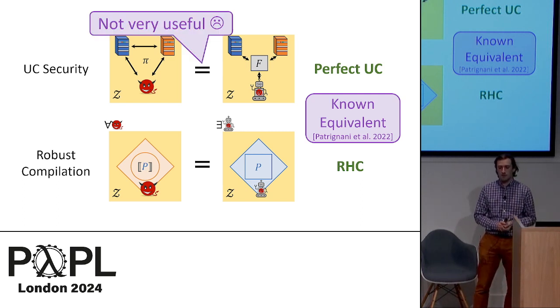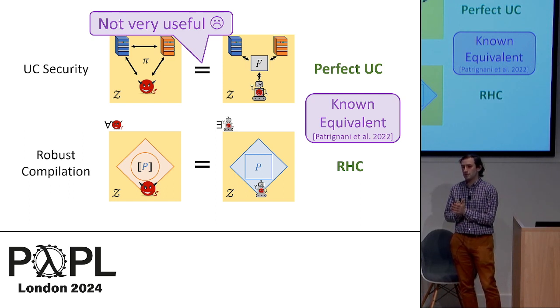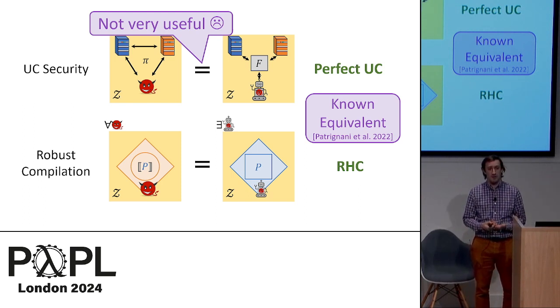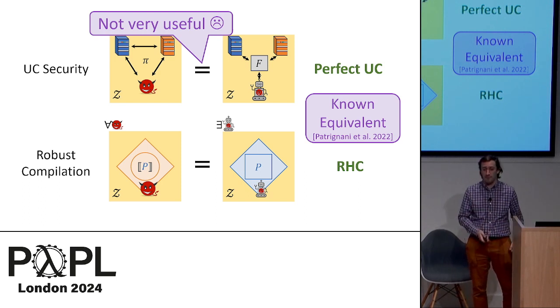Perfect UC security isn't very useful in many contexts because real cryptography isn't perfectly secure. Real cryptography is only secure against computationally bounded adversaries. It makes hardness assumptions on the difficulty of computing problems that are often trivially decidable. They just require perhaps exponential time.